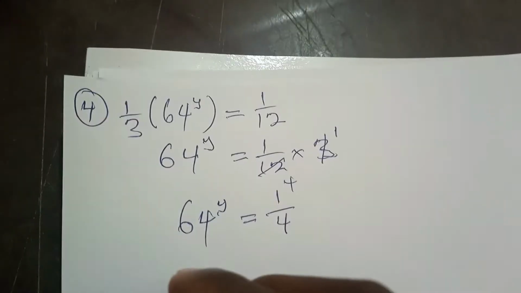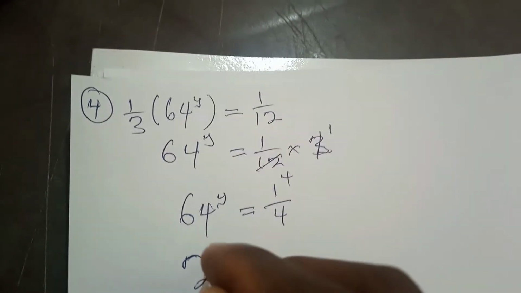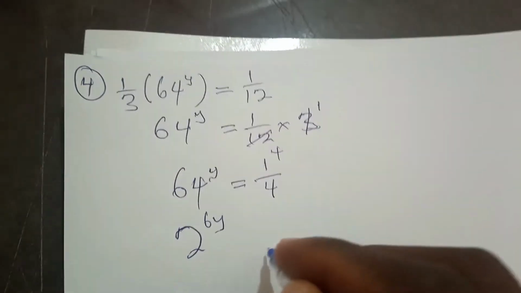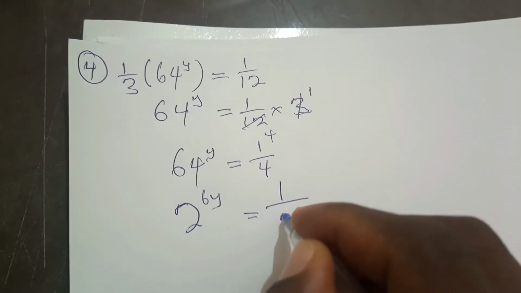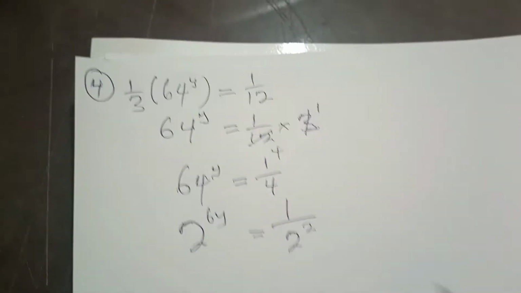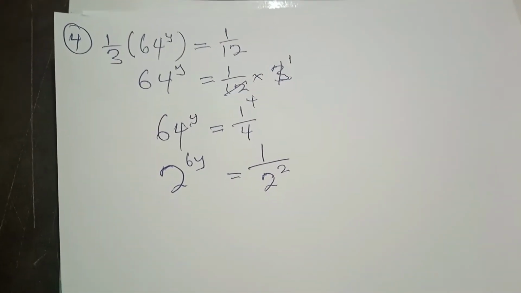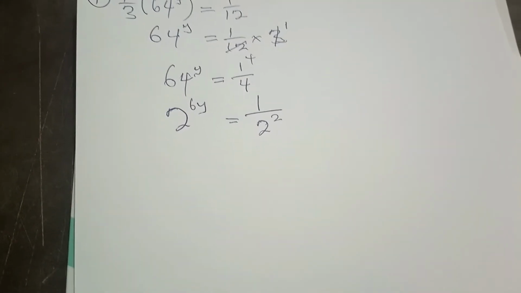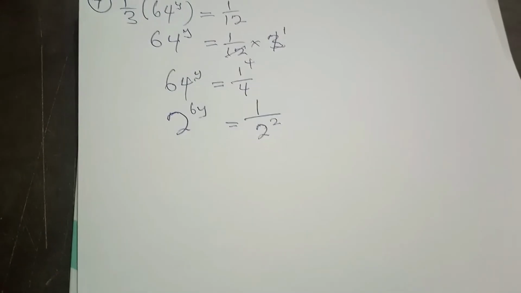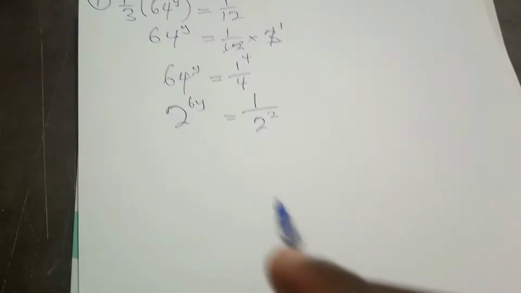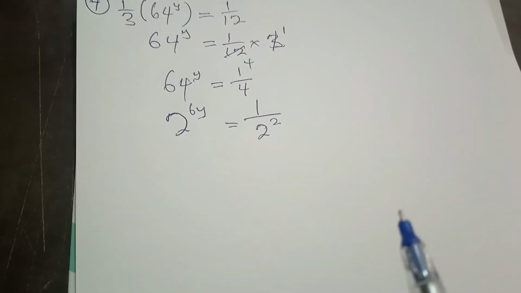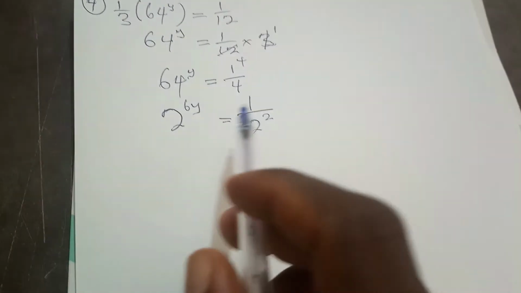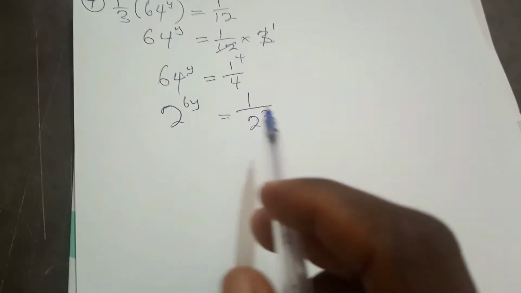So we are going to have 2 exponent 6y, which will be equal to 1 over the 4 here, which is also base 2, so 2 squared. Then remember, in our lesson on the laws of indices, one of the laws says that if you are having 1 over a number and you don't want it to be a fraction, you make the denominator stand alone and negate the exponent.